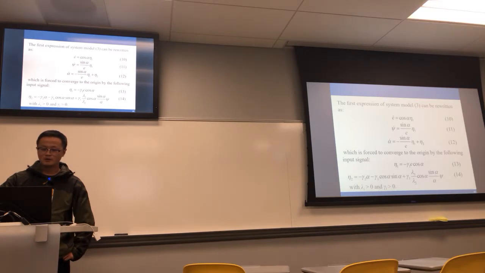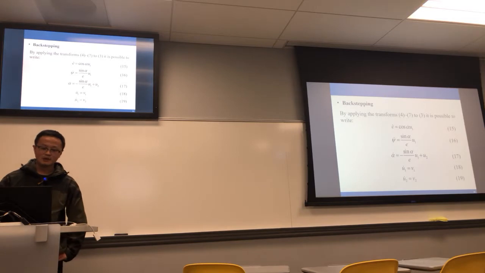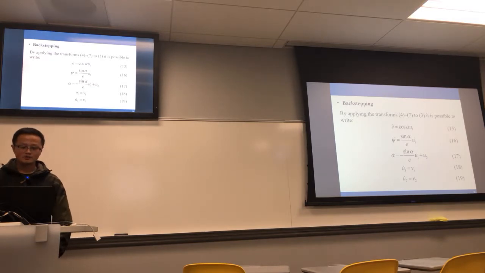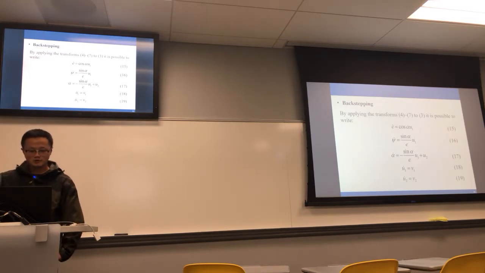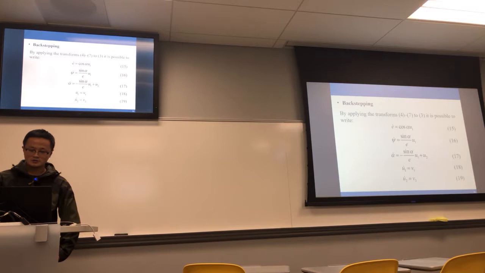So using this, we can control the first expression of system model 3, and then the next step is backstepping. By applying the transforms 4 to 7 to 3, it is possible to write this form. And here, the inputs become mu1 and mu2.